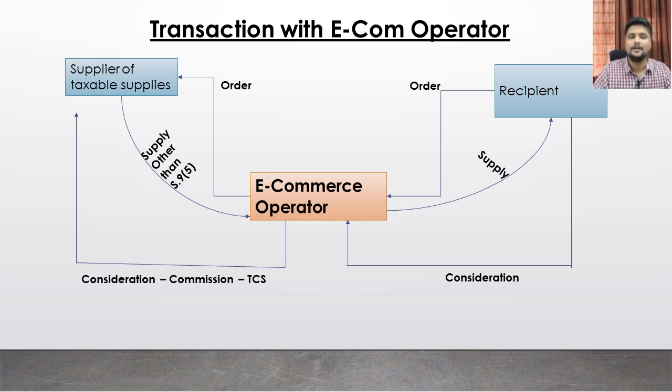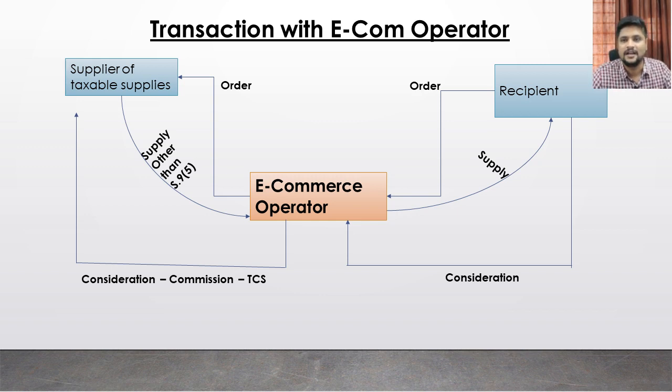After receiving the order from the e-commerce operator, the supplier will supply the goods through the channel of the e-commerce operator. The e-commerce operator will receive the supply and forward that supply to the recipient. It acts like a channel through which the supply is made.